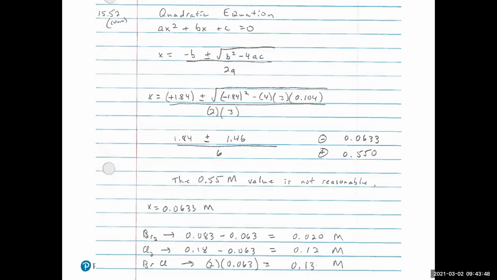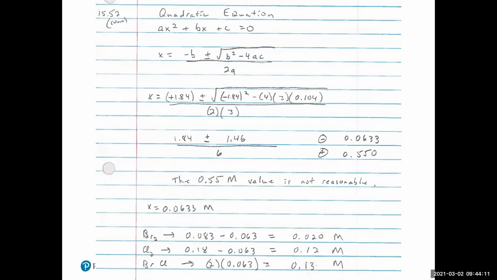That's x equals minus b plus or minus square root of b squared minus 4ac over 2a. So we go ahead and start plugging in numbers. So b is minus 1.84.